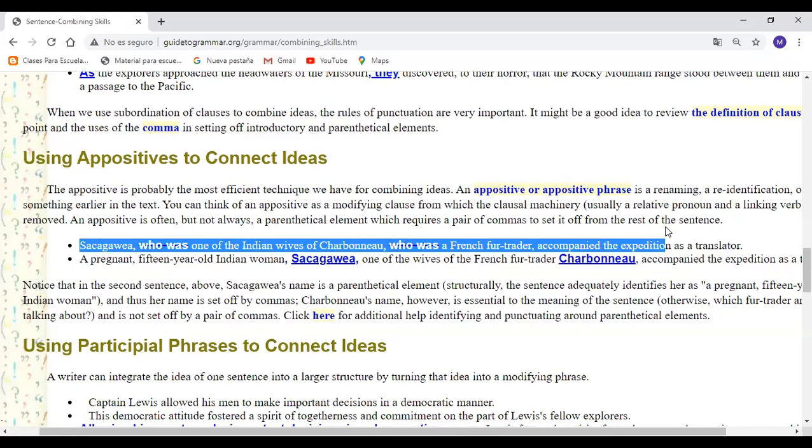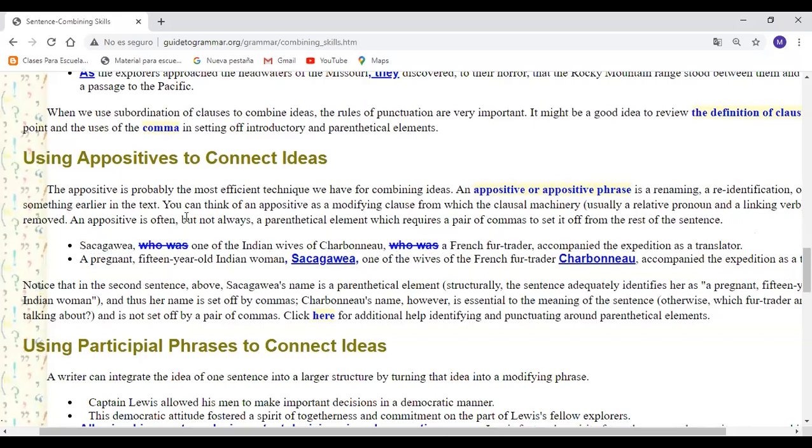Sacagawea, this one, the first one. What you have to do, guys, in these cases, you underline the appositives, in this case, this one and this one. So just underline it or mark it with another color. Rule number 2, appositives. Write the example.